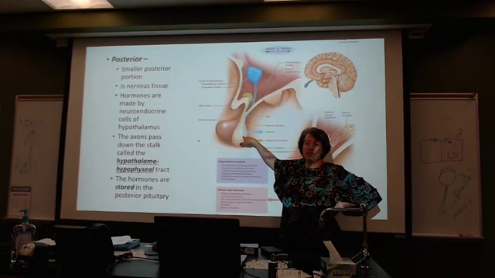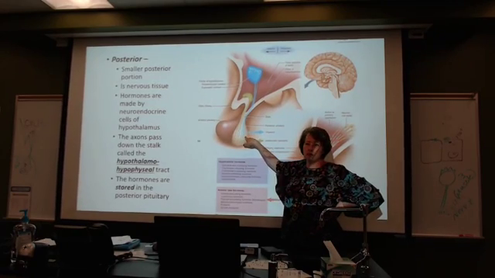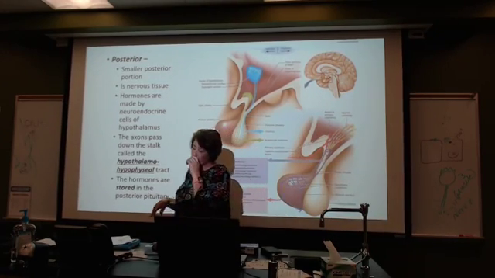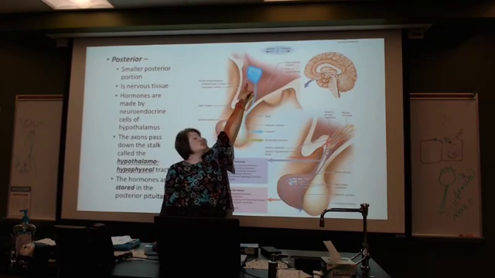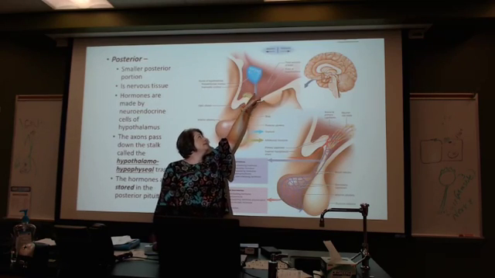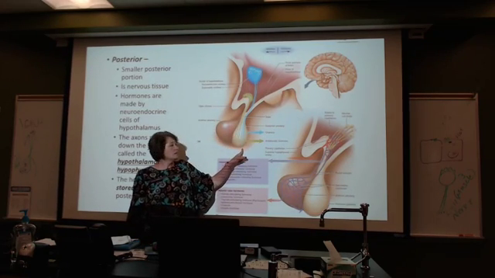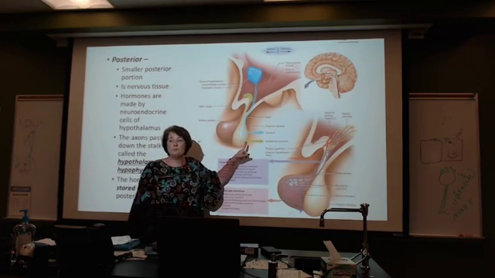This is going to be our neuroendocrine cells. So, note how they're trying to show us nerve cells, okay? Trying to show the cell bodies, the axons, the ends that are synapsing, okay?